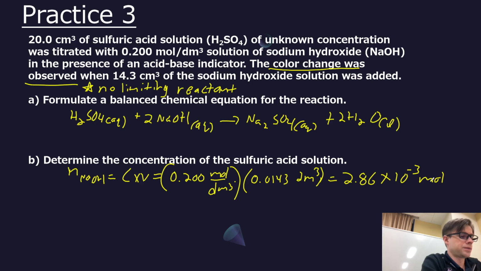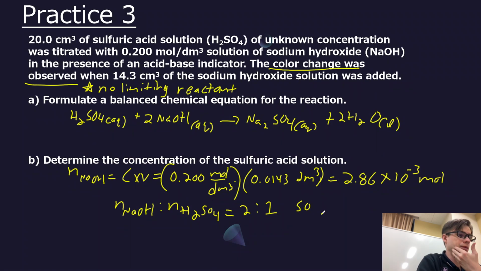What about sulfuric acid then? We need to consider the ratio. Moles of NaOH to moles of H2SO4 in our balanced chemical equation is 2 to 1. So we will be reacting with half as much. 1/2 times our amount of sodium hydroxide.